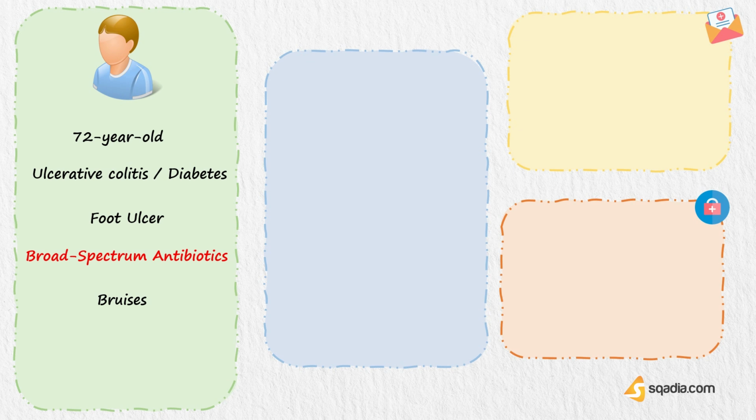You order routine lab tests, which reveal a prolonged prothrombin time and partial thromboplastin time. You suspect that these abnormal lab values are due to her current medical conditions, and they will likely be corrected rapidly with treatment. Now, what should be the diagnosis of the patient?